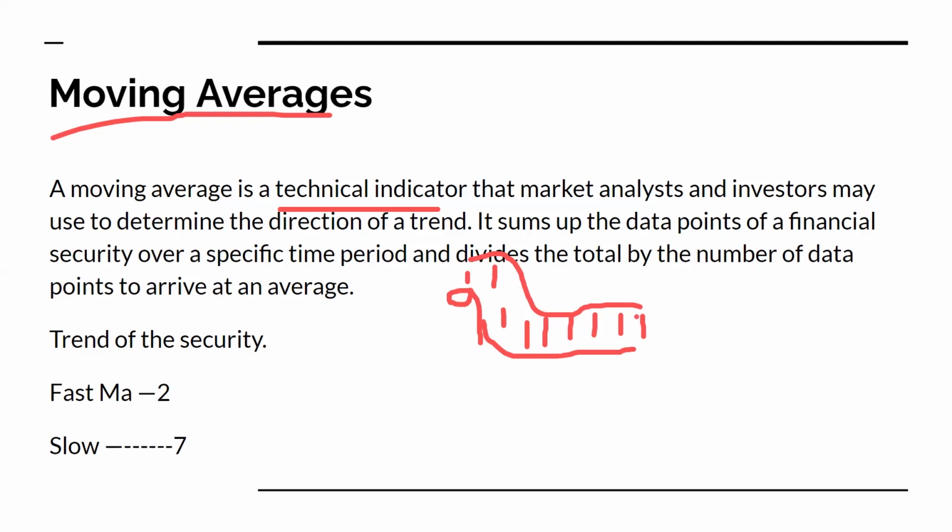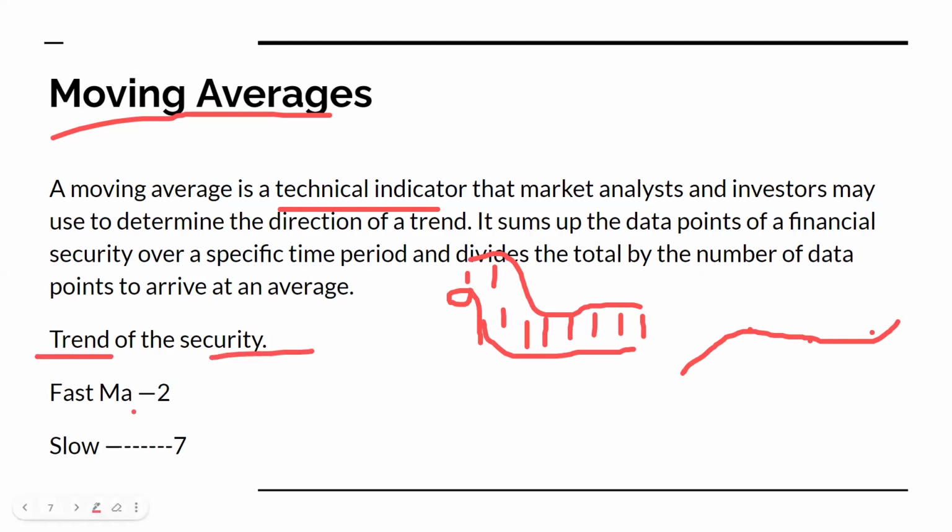It takes the closing prices, guys, adds up the 9, then divides the total by 9 and gets you an average price. Then it connects the dots. So if it's here, then after 9 candles it's somewhere here, then around there, like that. At the end of the day, you have those points connected. That's how a moving average is made. So it helps to determine the trend of a security.